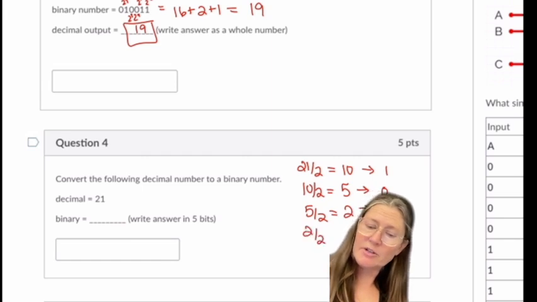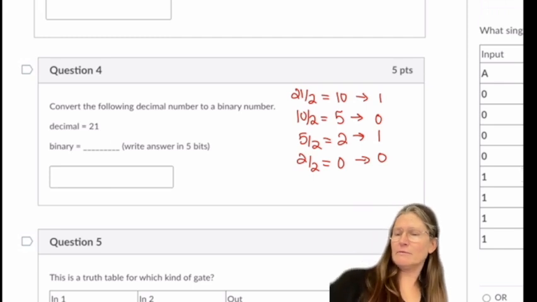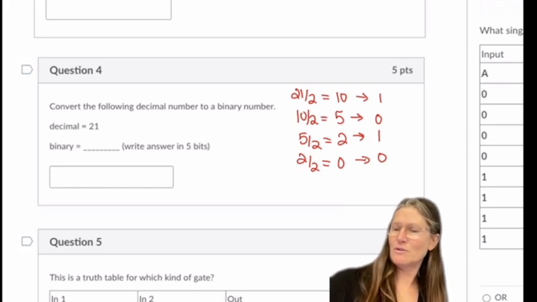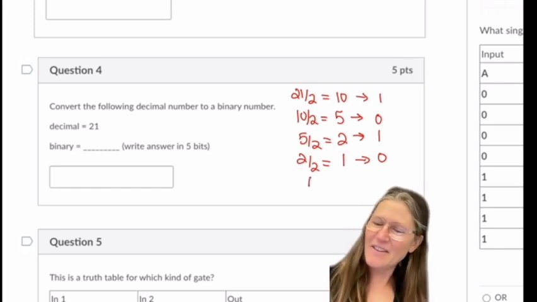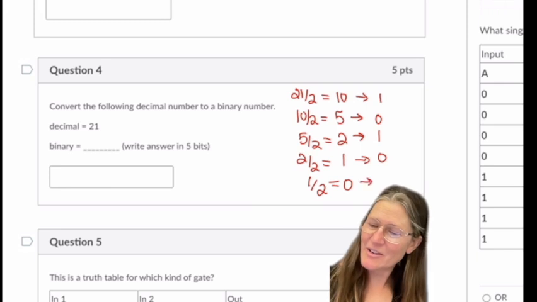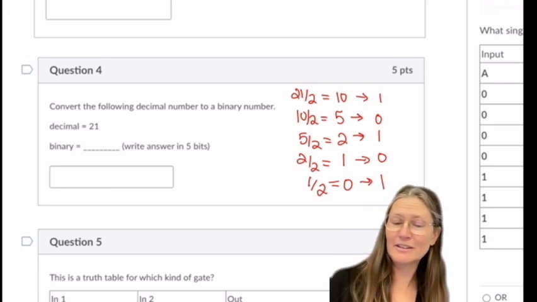And then 2 divided by 2 is 0, remainder 0. Wait, I missed one. Where did I miss? 10 divided by 2 is 5. 5 divided by 2 is 2, remainder 1. And then 1 divided by 2 is 0, remainder 1. I was like, I'm missing something somewhere. Okay, so what's your first number? Well, 1.